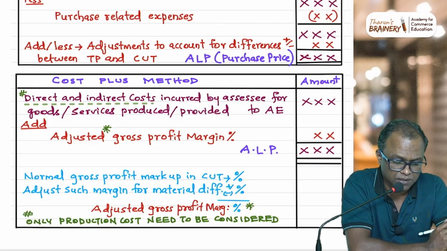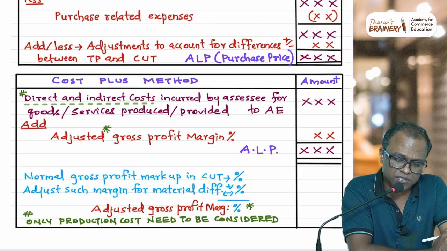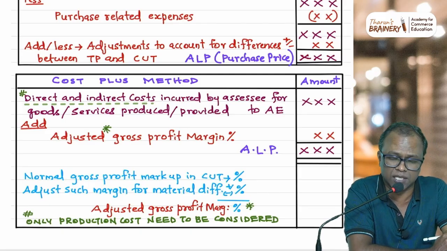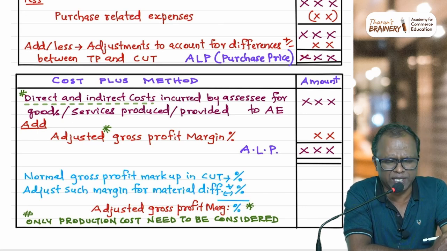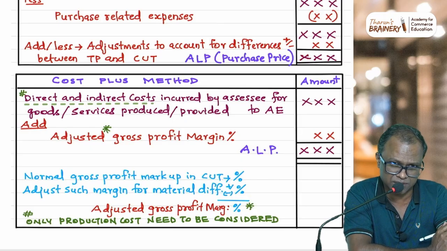So first step: for providing services or manufacturing goods and exporting to the associated enterprise, what are the actual costs incurred for production or for providing the service? For example, there is a company in Chennai which is developing software and exporting to the US to its associated enterprise.